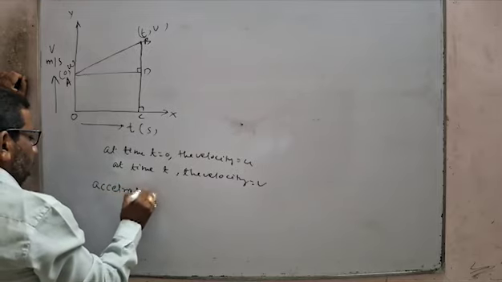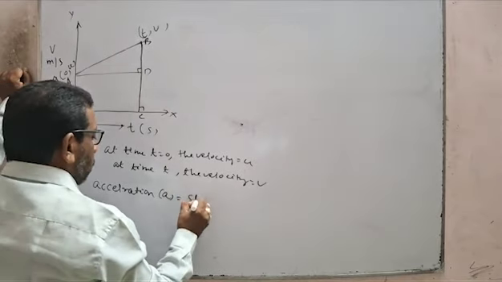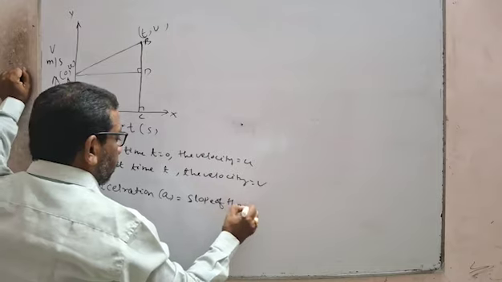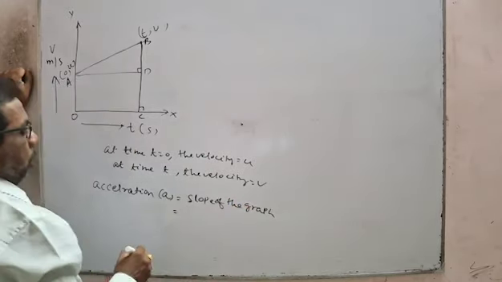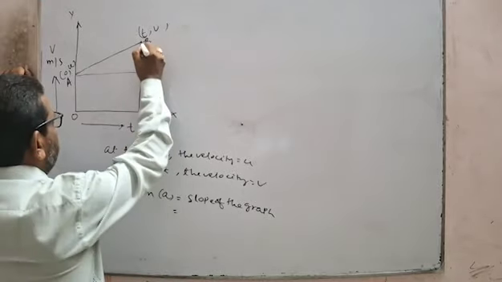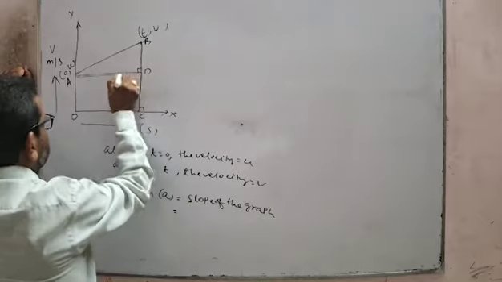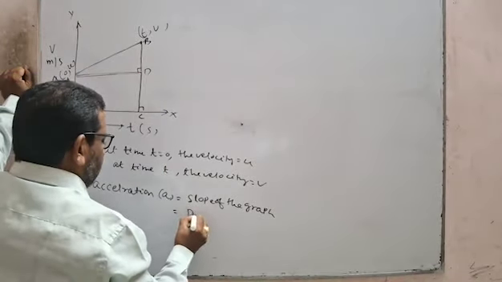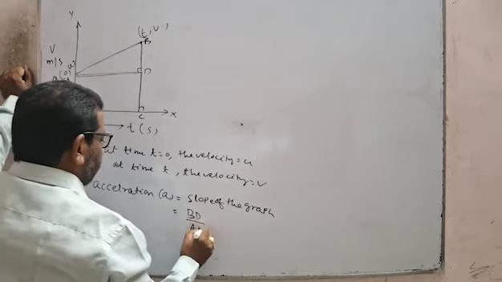Acceleration a is equal to the slope of the graph. Slope is equal to y distance by x distance, that is, BD by AD.